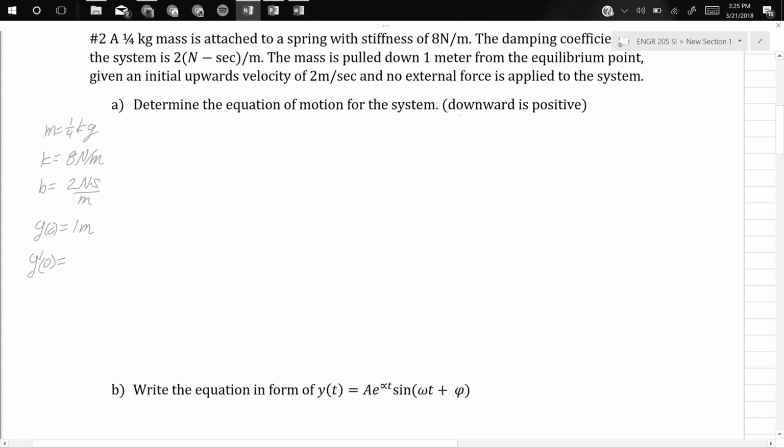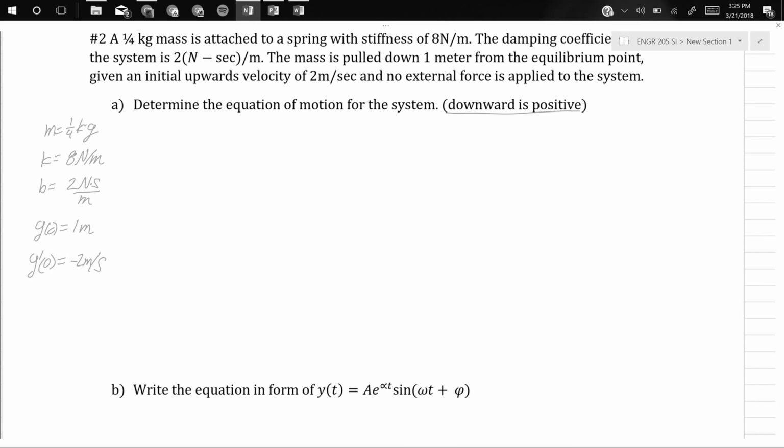So remember, as we said, in this case, we're given downward as positive. So upward means negative 2 meters per second. So that's definitely something you should watch out for, where they denote positive and negative, because in physics that really matters.